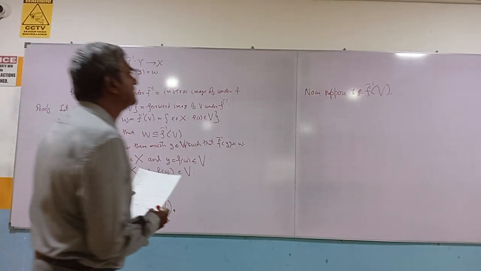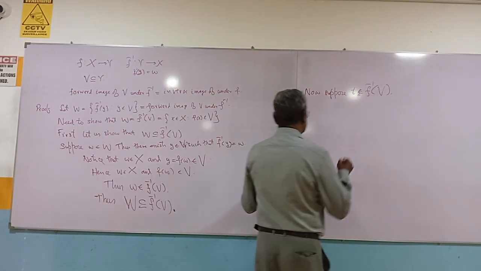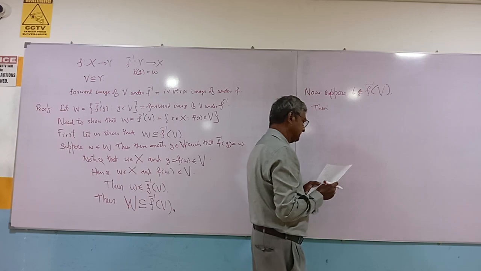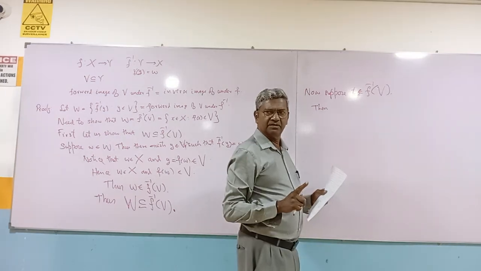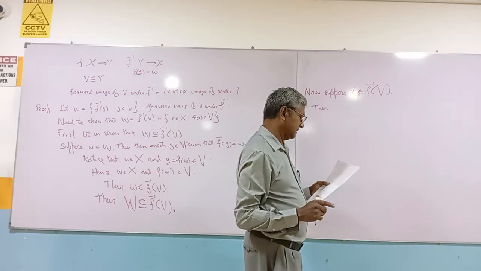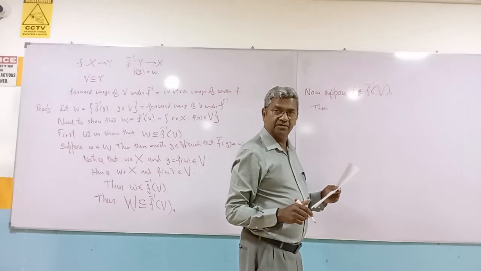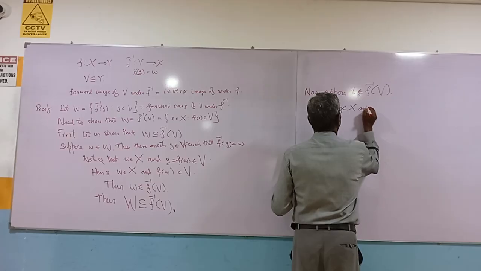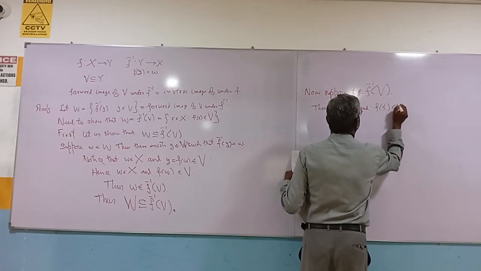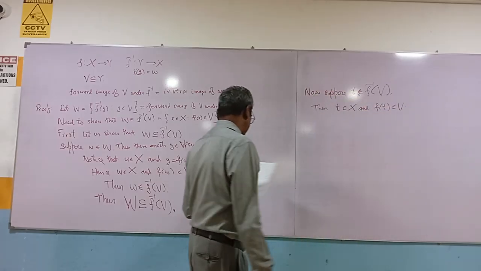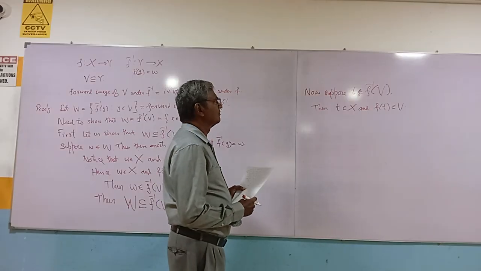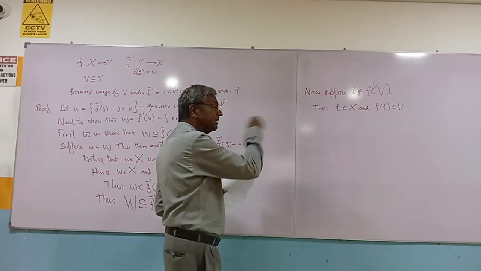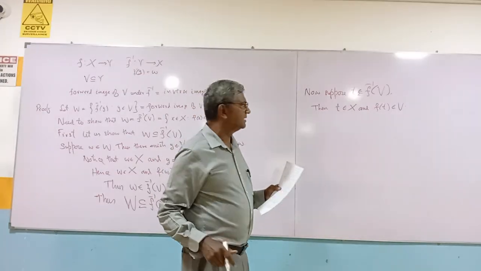So I took, let's say, t belongs to f inverse v. Then what do I know? t belongs to x and f t belongs to v. Very good. Now we are going to use the fact that f has an inverse.